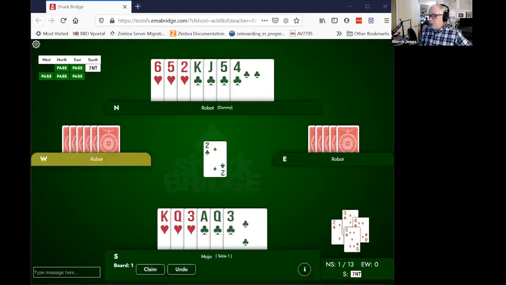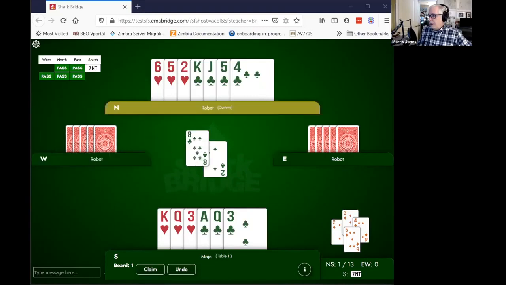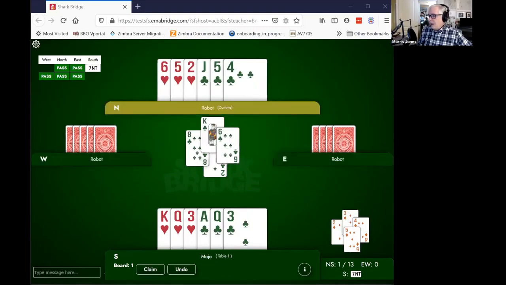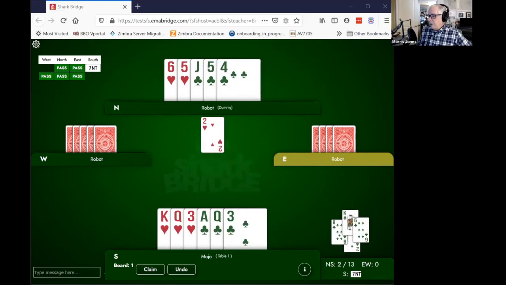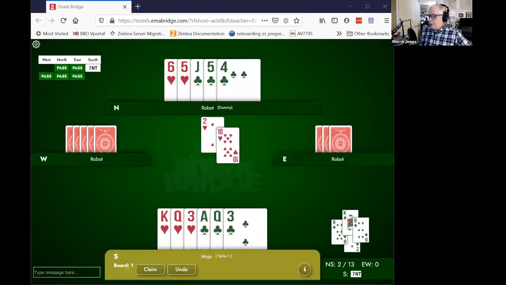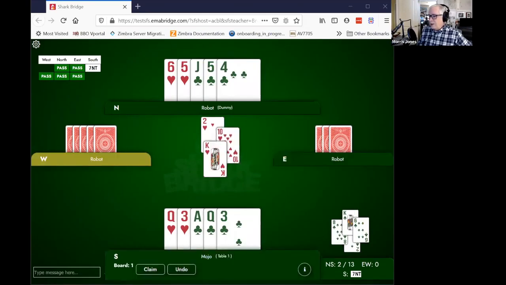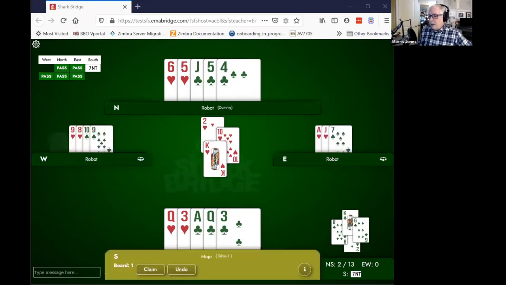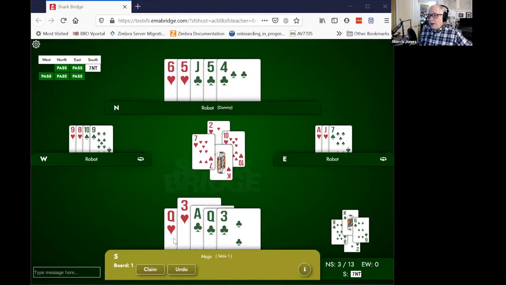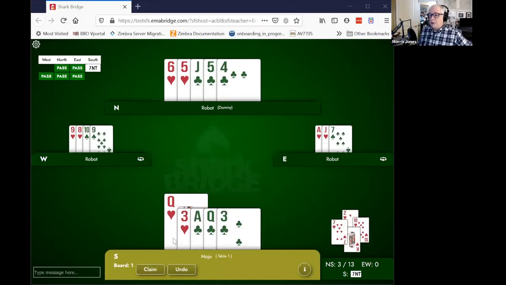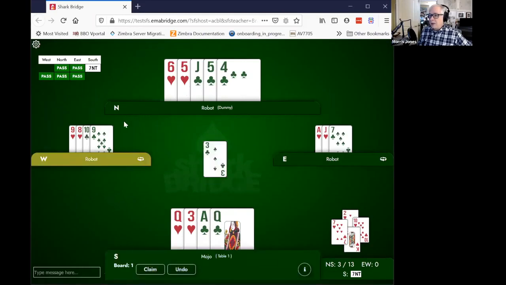First, I'm going to cross over to the dummy with the king, and if I lead a heart from here and East plays low, I can put in the king or the queen, and since East is holding the ace, I may as well just show the cards. Now my king will win, but I cannot now lead the queen and get a second trick. In order to get a second trick, I need to cross back to the dummy using the jack. Oh, wait.